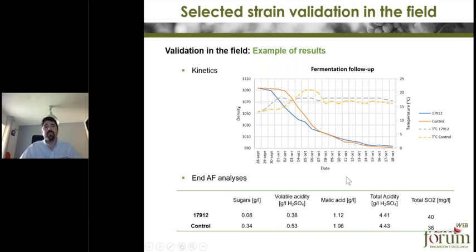That was interesting. But as well, what we saw in terms of end of fermentation analysis is that we had slight volatile acidity compared to the control, and the total SO2, so total sulfites, were about the same as the control.